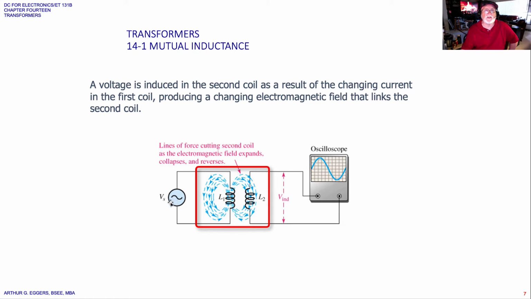If it's a fluctuating source, in this case an AC source input, it creates an expanding and collapsing relationship. Thus the corresponding induced voltage that we would measure on an oscilloscope would have the same sinusoidal relationship.